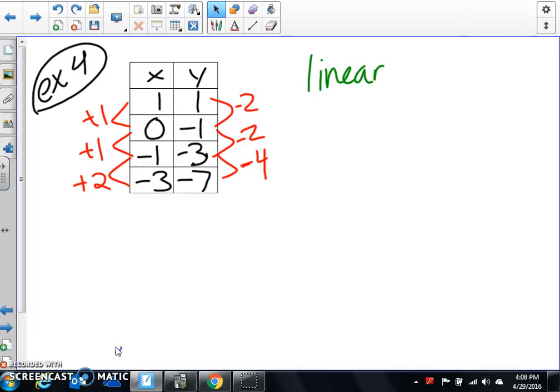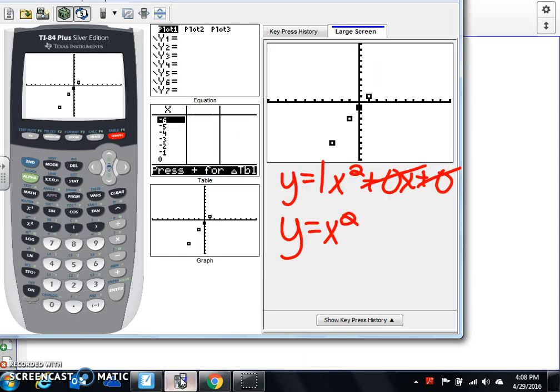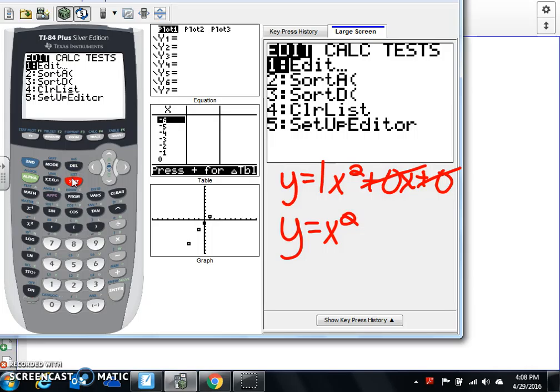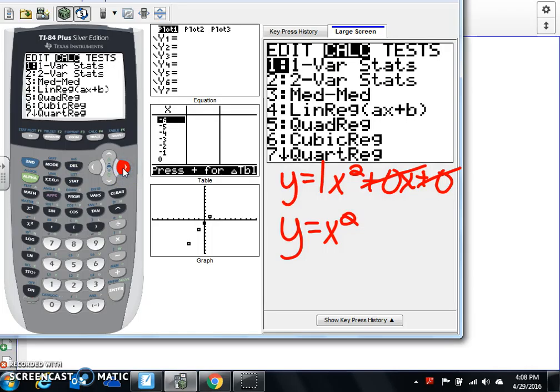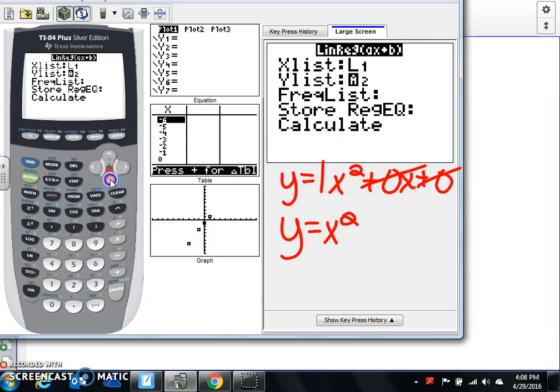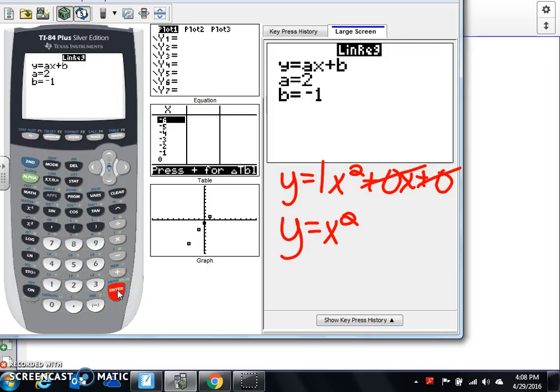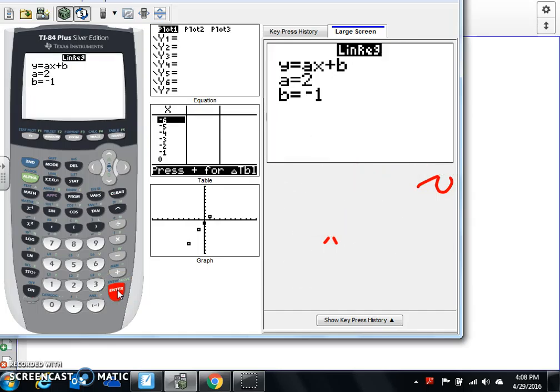I can then go to lin reg, excuse me, not quad reg. So stat, calc, lin reg, 4. Go all the way down, enter. And there we go. So this time, our equation is y equals 2x minus 1. Was that seriously the exact same one as the first one?